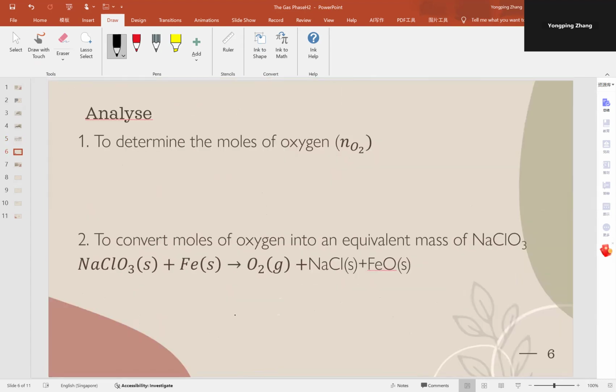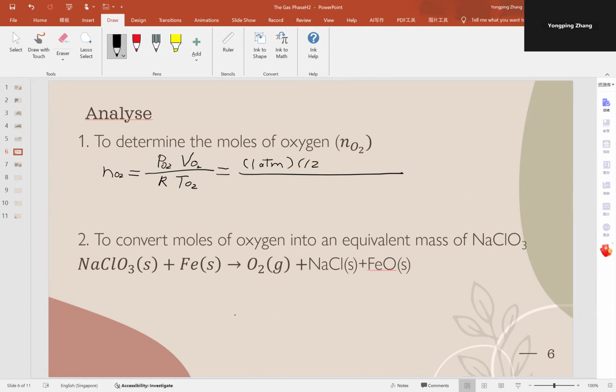How to analyze this problem? The first step is to determine the moles of oxygen, from pressure, volume, the constant, and temperature. Pressure is 1 atmosphere.